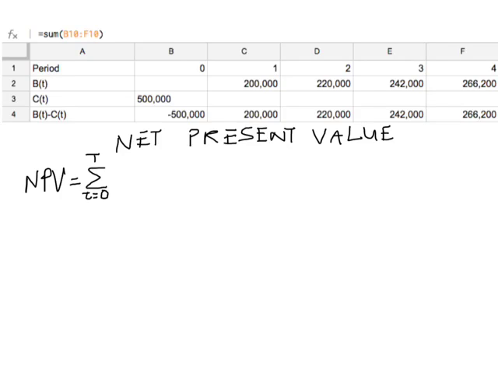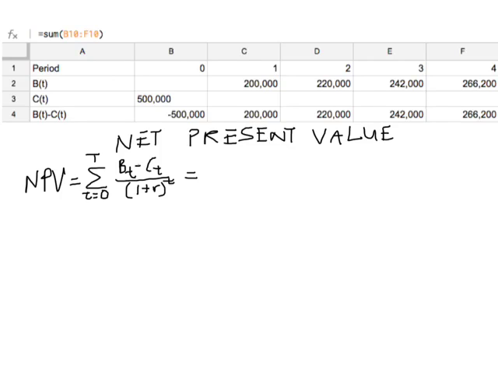Anyway, the formula for net present value is the benefit in period T minus the cost in period T. Let me write cost as a C. And then we discount that by 1 plus R to the T. The reason we do it that way is explained in detail in the screencast I put up before class 2 meeting.